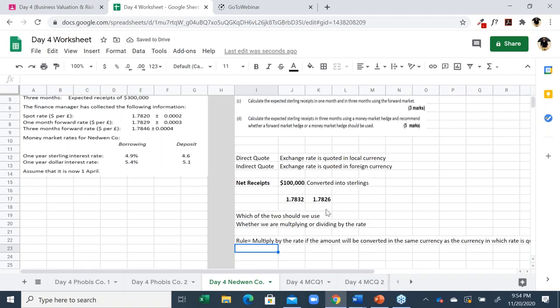Otherwise, divide. The rate given is in US dollars, whereas we are converting into sterling. So what should we be doing? Dividing. Yes. Now it's very clear. We must be dividing $100,000 by 1.7832 if we need to convert it into pound sterling. Okay, so we will be dividing, right?